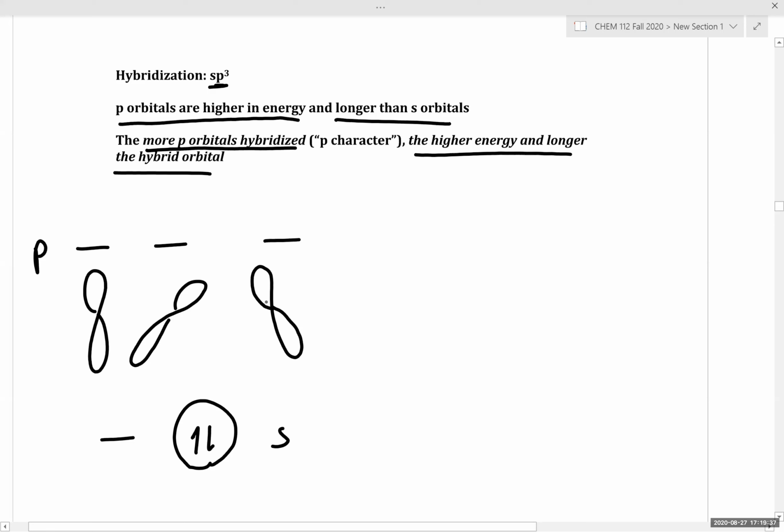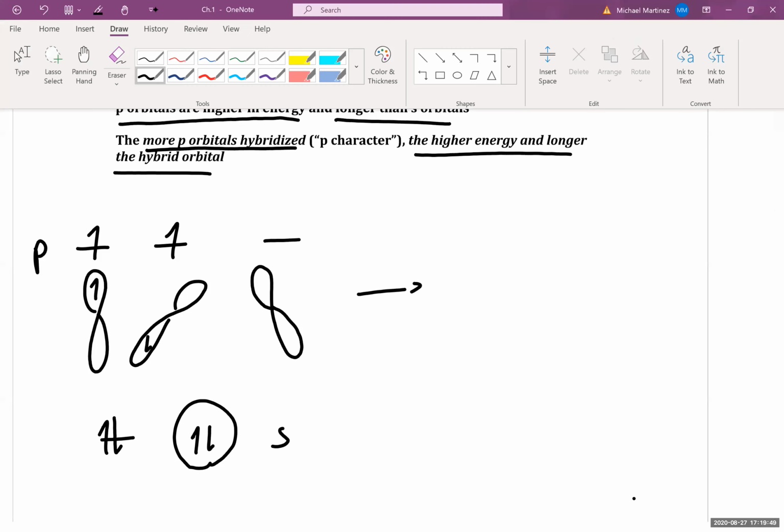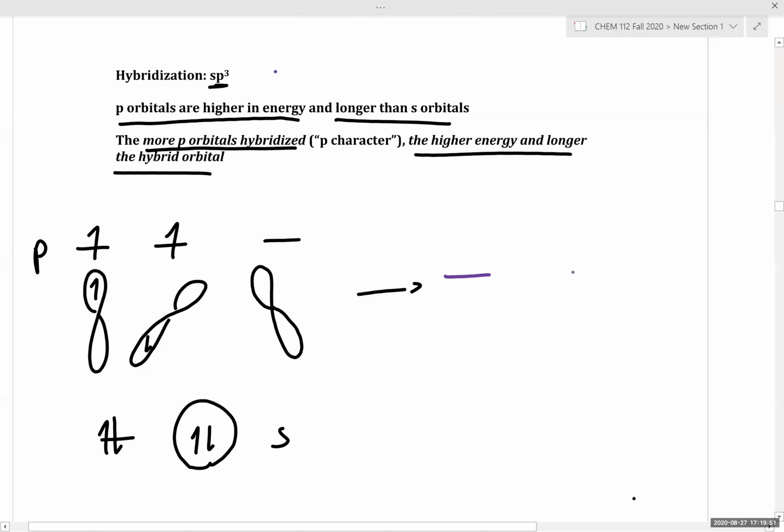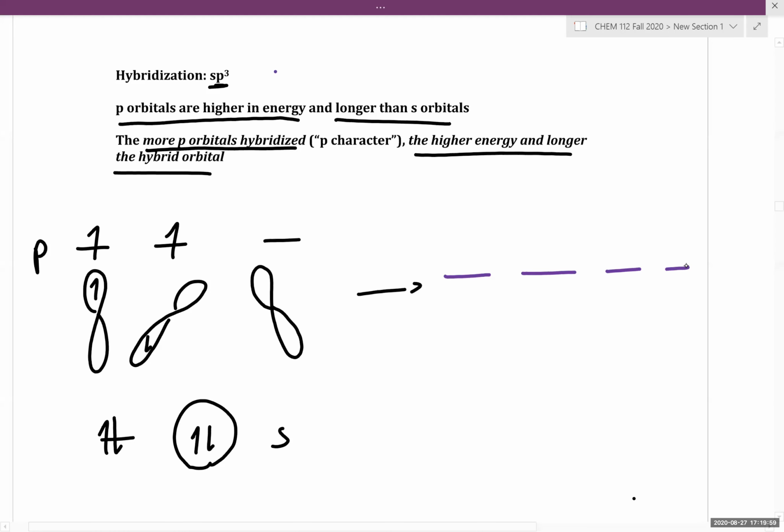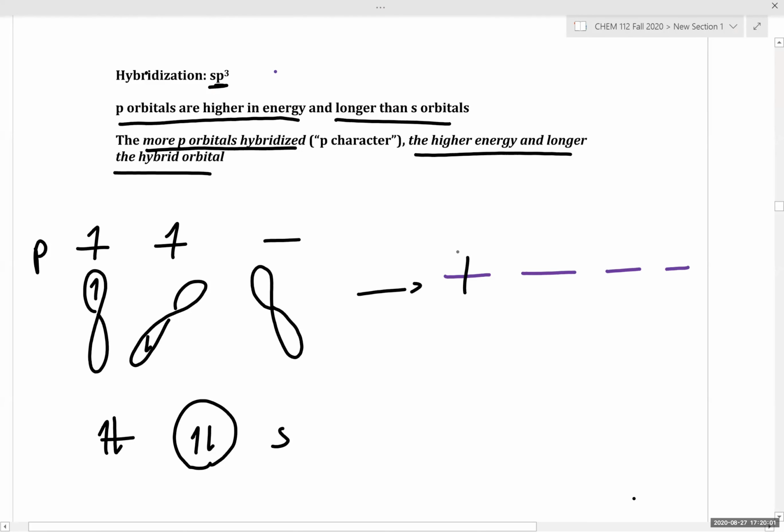So the more p orbitals that we hybridize, in turn, the longer and higher in energy our hybrid orbitals will be. So the more p character we have, the higher in energy our hybrid orbitals will be.